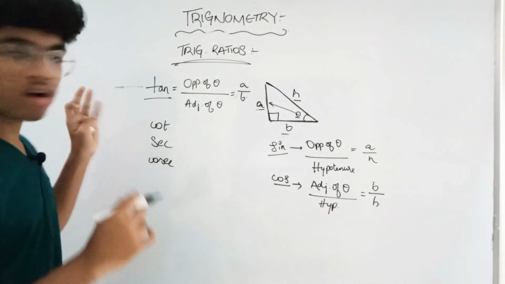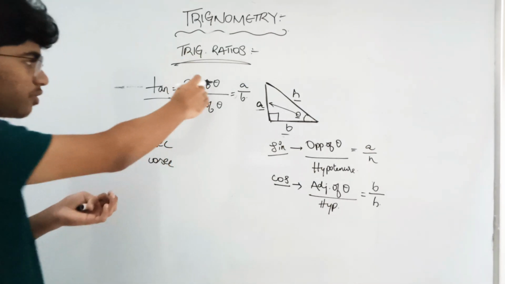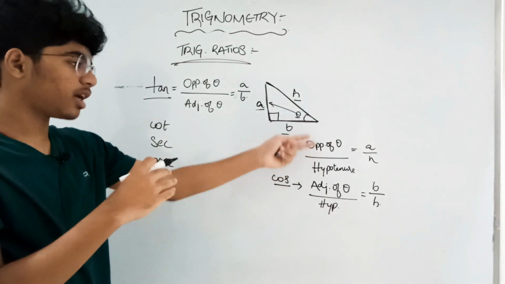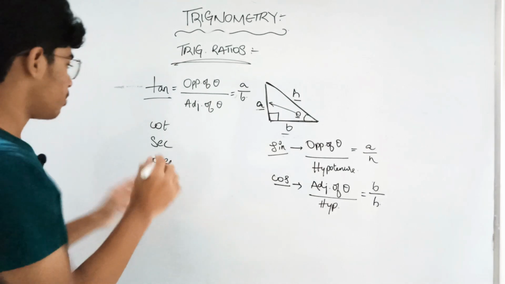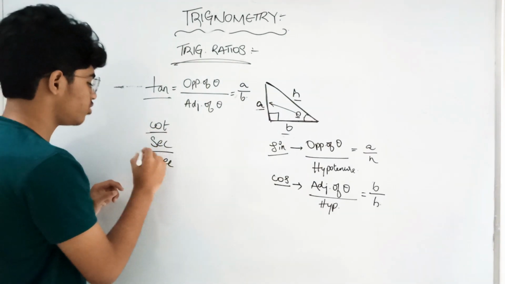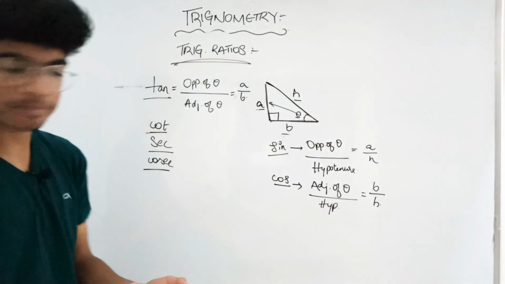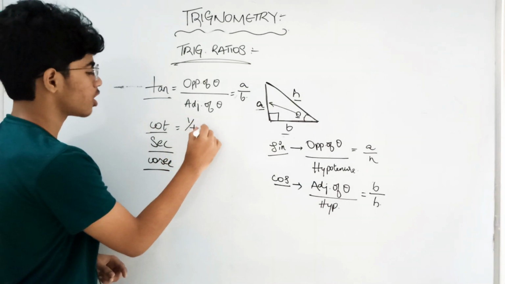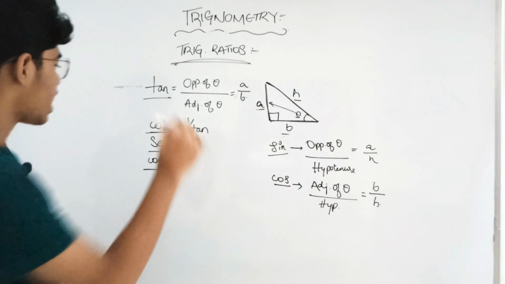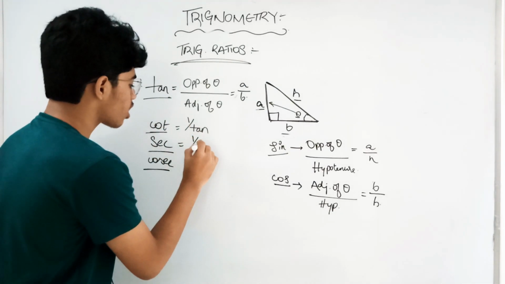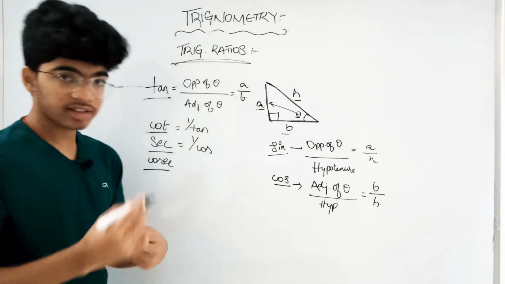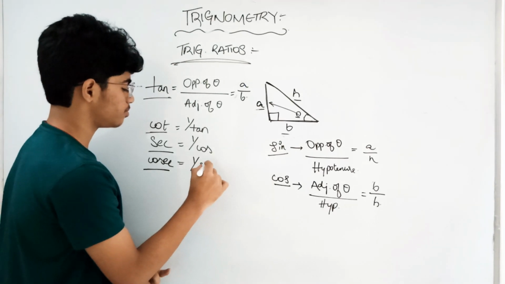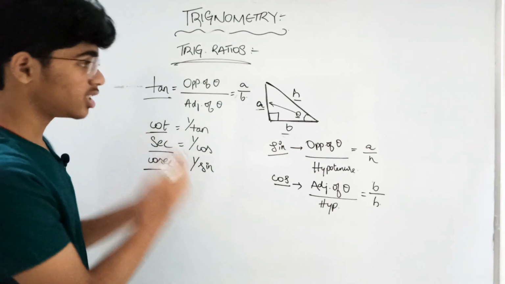These three could be defined the same way, with opposite, adjacent and hypotenuse, but they can be defined in an easier way. We can write cot as 1 over tan, or the inverse of tan, and secant as 1 over cos, or the inverse of cos. Cosecant is 1 over sine. That is much easier, right?